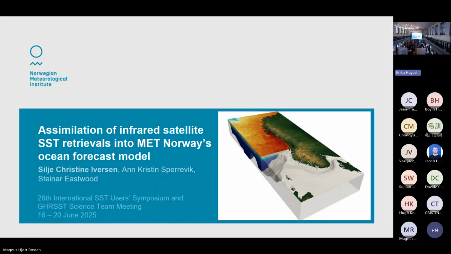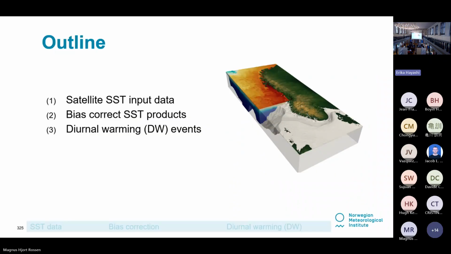All right, so the outline of today is that I will first present to you what data we actually assimilate. Then I will go through how we bias correct some of the sea surface temperature products before we assimilate them. And then in the end, I will show you what happens if we assimilate diurnal warming events, or if we ignore the diurnal warming that's in the model or in the observations.